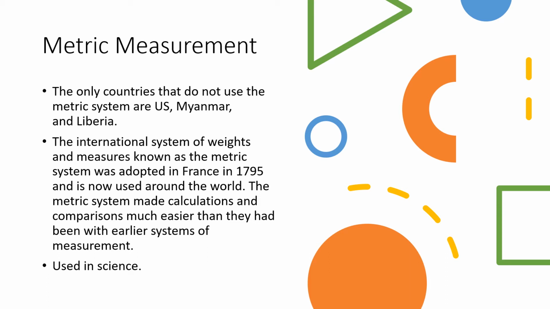The metric system made calculations and comparisons much easier than they had been with the earlier systems of measurement. We like to think of the metric measurement as the world measurement system and the measurement that's used in science. So customary is the United States way of using measurement. The metric system is the rest of the world and science.